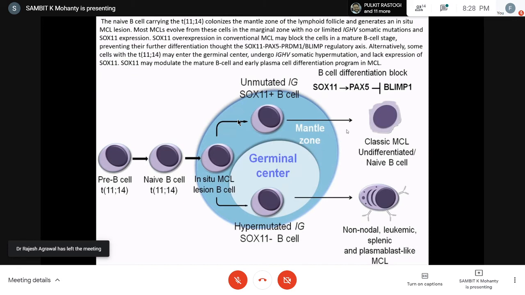The SOX11 overexpression in conventional mantle cell lymphoma may block the cells at a mature B cell stage, preventing their further differentiation through the SOX11, PAX5, and the regulatory axis. Alternatively, some of the cells with the 11;14 may enter the germinal center and undergo somatic hypermutation, and they lack SOX11.